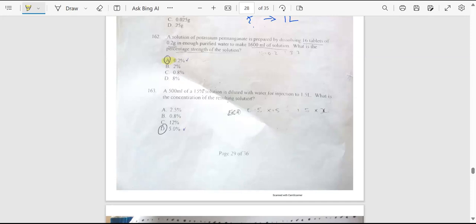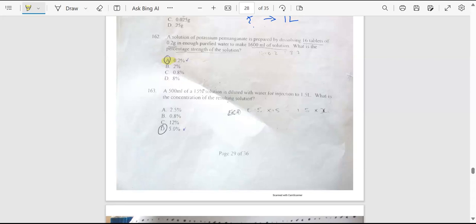I think for this one, you need to find the amount of solute in the solution, whereby you'll do 500 times 15%, and you'll get 75 grams.